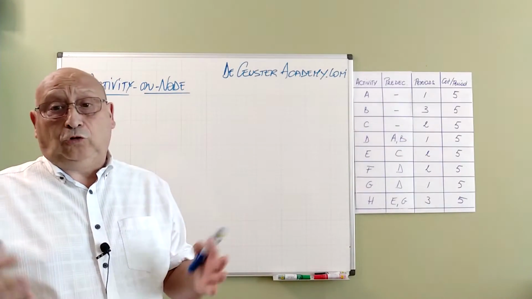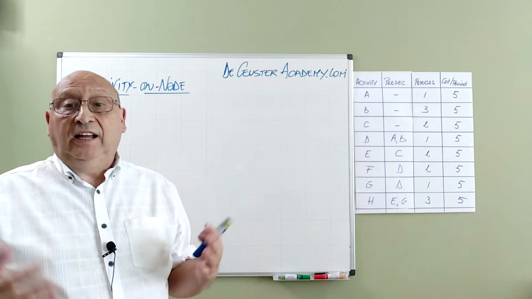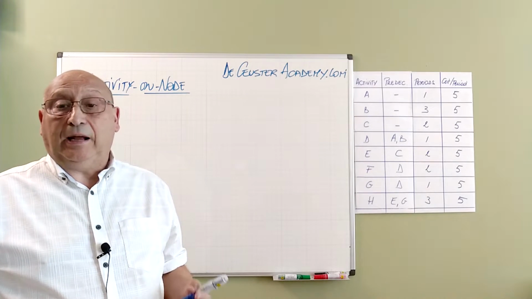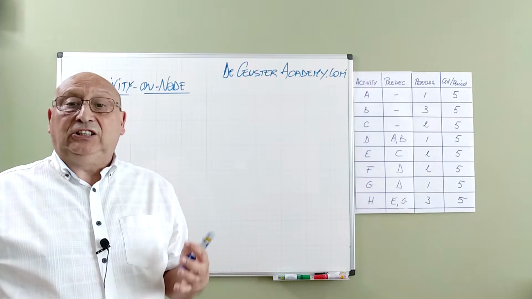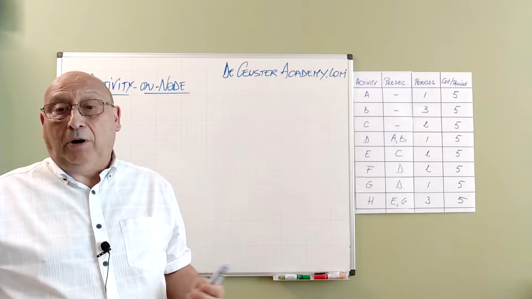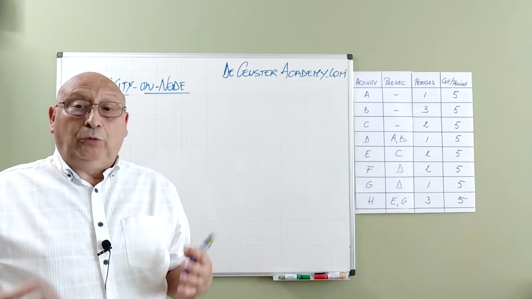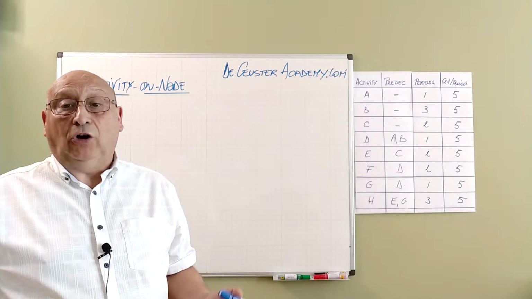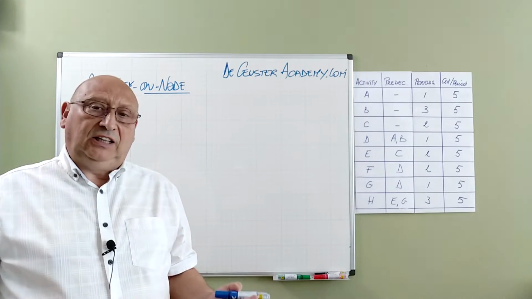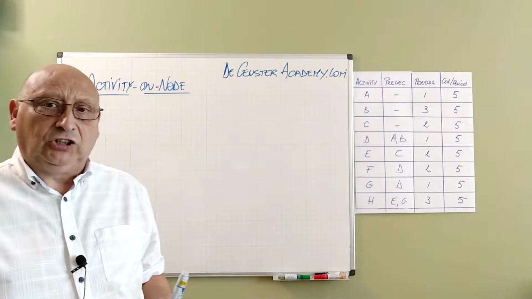The other method that we can use is the activity on the node method or the precedence diagramming method. Basically, this is the preferred method for the PMI and in the PMBOK. Like I said before, we can still find the activity on the arrow methods from time to time. These still have their advantages.